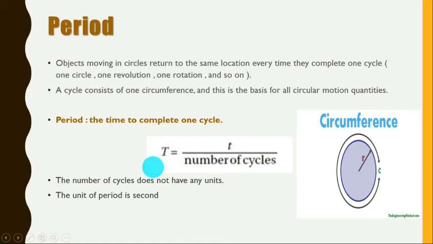Please don't use small letter at all because small letter is for time. Capital letter T is for period. So T, capital letter, equals little t, time, over number of cycles. So you count the number of cycles and time. When you divide time over number of cycles, you get the answer for period. The unit for period is the same unit as time, in seconds.